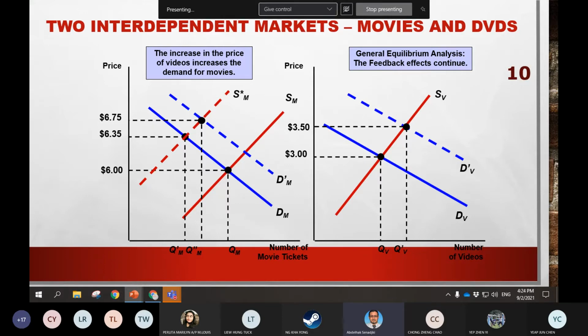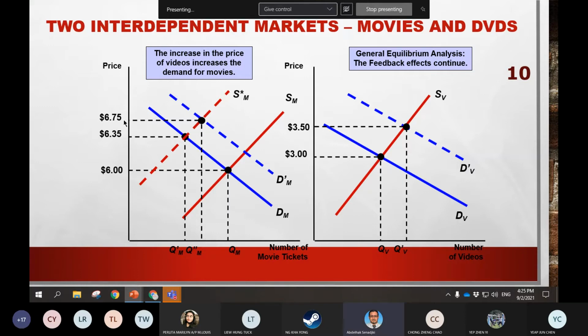People again will shift from renting DVDs to buying cinema tickets. Therefore, the demand for movie tickets, or the demand for theater tickets, will increase from DM to D'M, and this will give us a new equilibrium where D'M and S star M intersect, at a new equilibrium Q double prime M here.